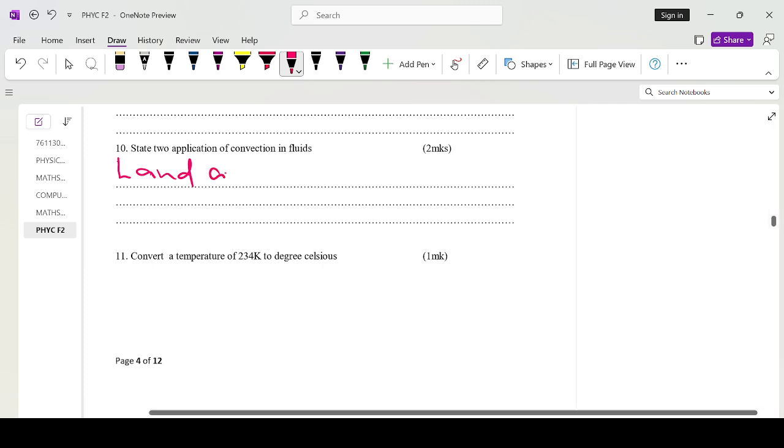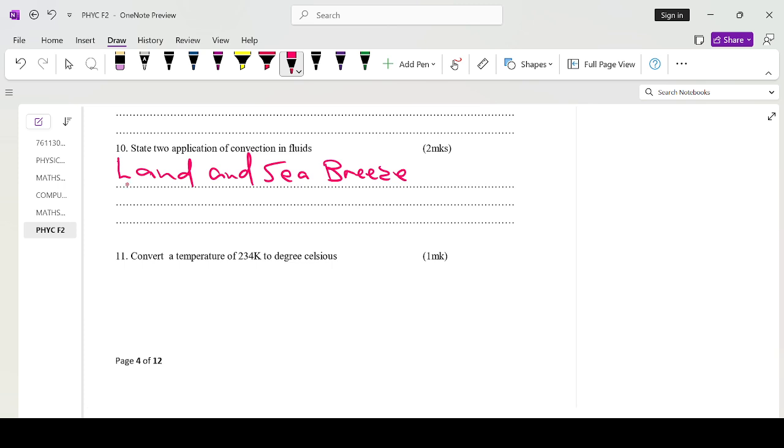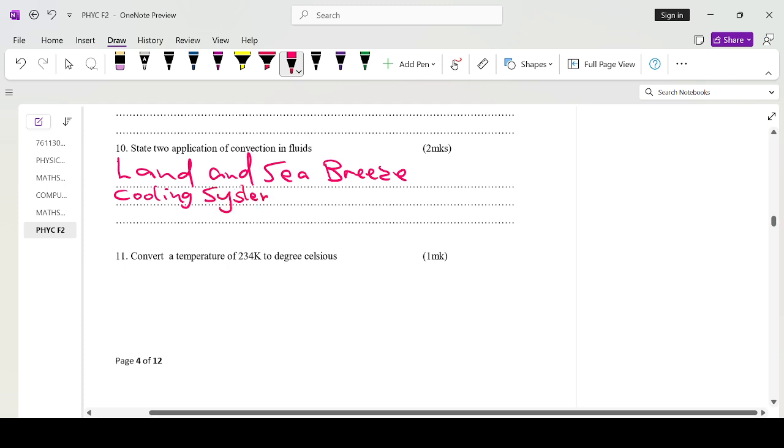Another application is the cooling system of car engines.